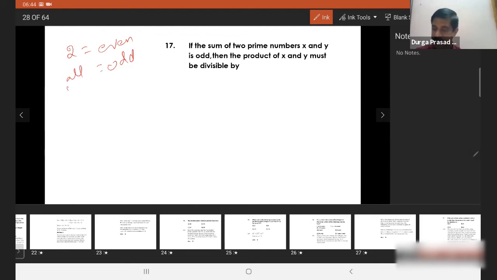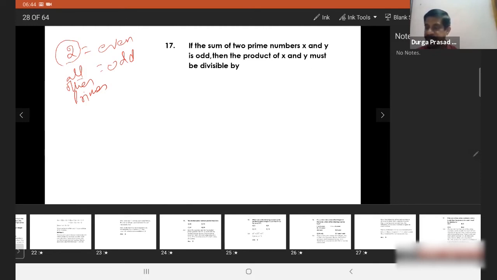So now if the sum of x and y has to remain odd, compulsorily 2 should be used. Then only odd plus 2 is odd. Therefore, one of the primes is 2 compulsorily, either x or y.